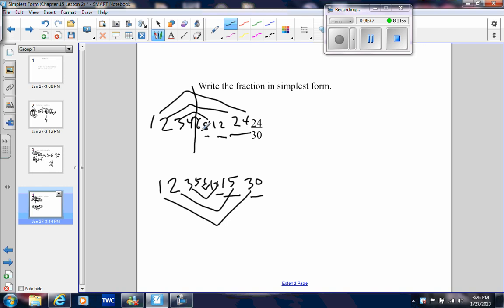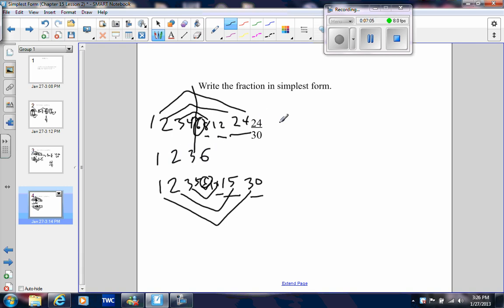See 6 on both lists. I got a 6 right there. I got a 6 right here. 5, 3, 2, 1. So the common factors, the ones that are on both lists, we got 1, 2, 3, and 6.